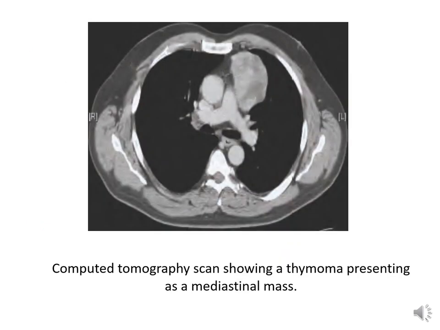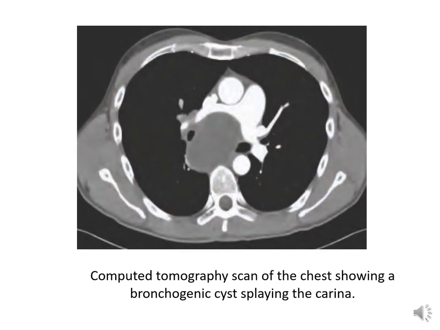Now, if you look at the CT, it can give you an idea where the mass is. You can see over here, this is seen in an anterior mediastinum, or it could be in the superior mediastinum, depending on the view; if you take another view, you will find out where it is. Now here you can find that there is a cyst or a tumor or a mass which is in the middle mediastinum, and it is displacing the carina.